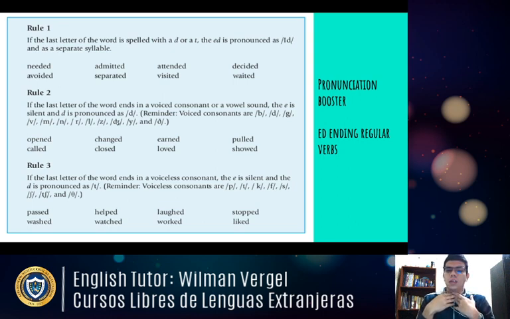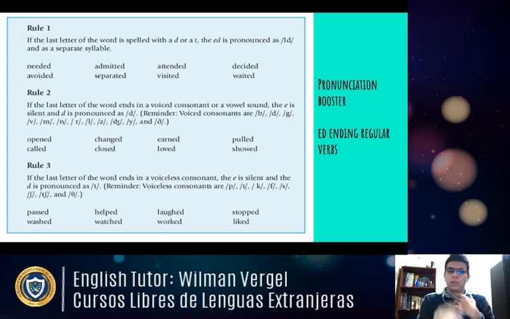So the e is silent and d is pronounced as d. A reminder: voiced consonants are b, d, g, v, m, r, z, j, and z. So all these sounds are voiced.